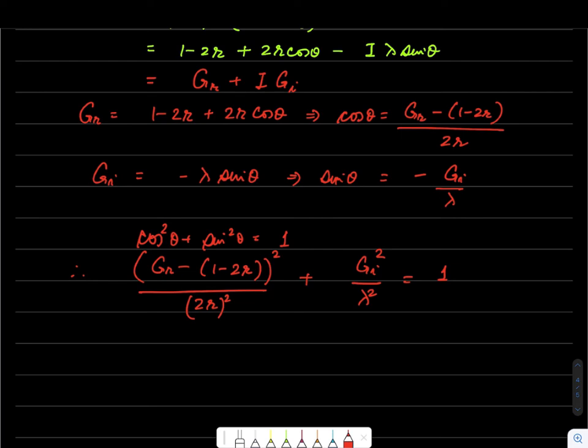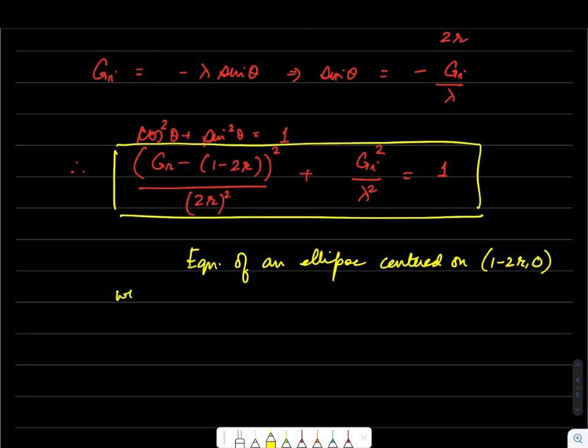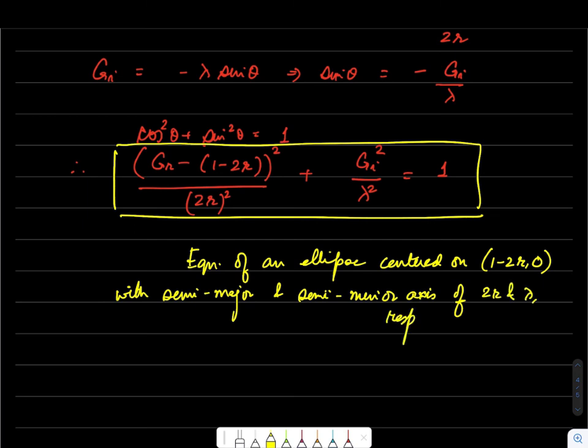Now what is this, and what is the reason why I brought you to this point? Now it is easy to see that this is the equation of an ellipse, which is centered on (1 minus 2r, 0), and this has semi-major and semi-minor axis of lengths 2r and lambda respectively.